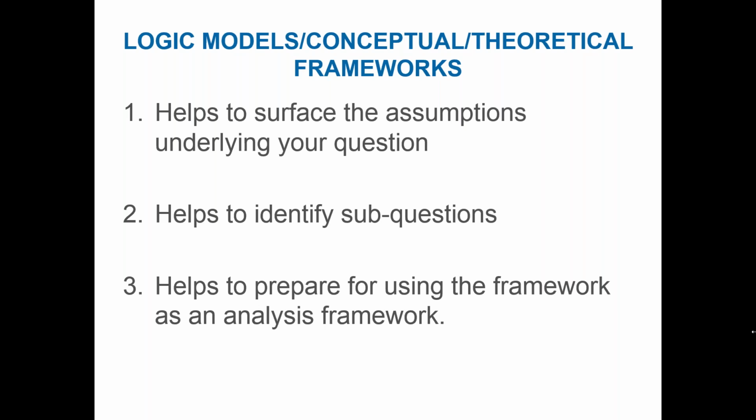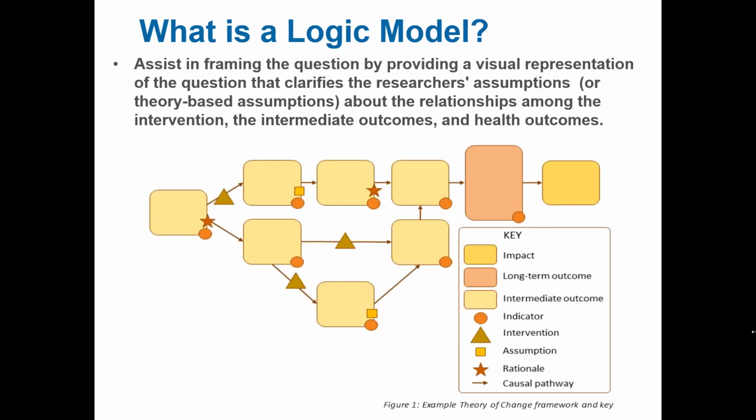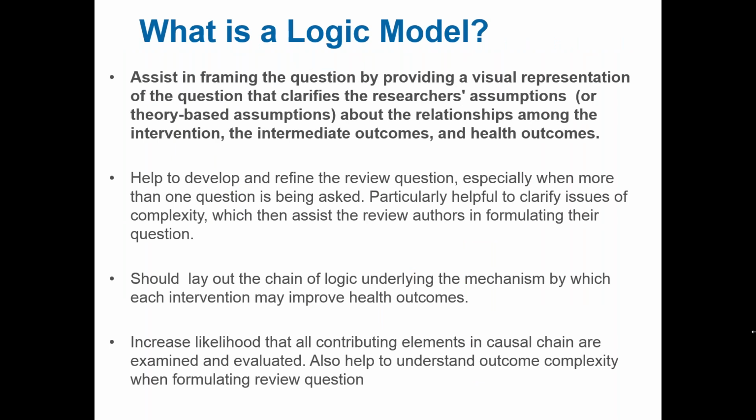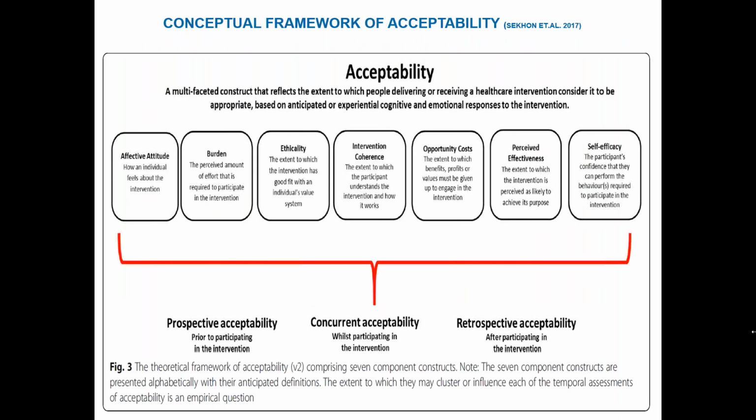Just very quickly, if you wanted to have, say, a model or a theory around acceptability of new interventions in healthcare, it might look something like this. So that is very complicated, but in fact, it's only seven dimensions of acceptability.